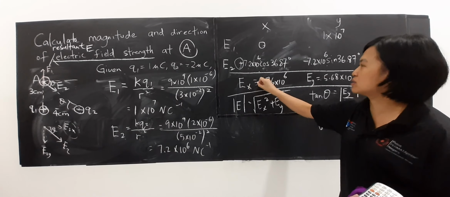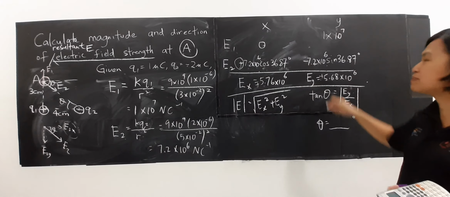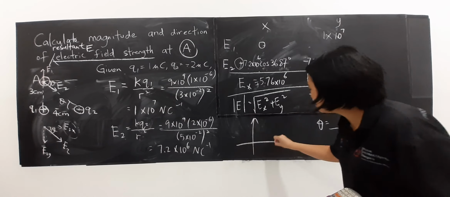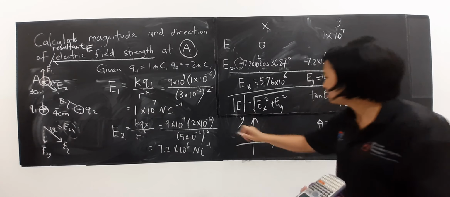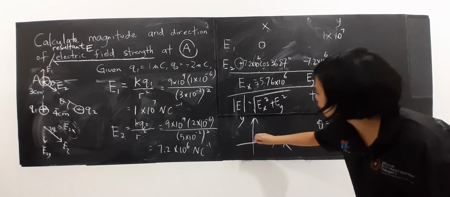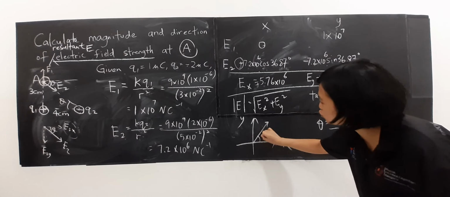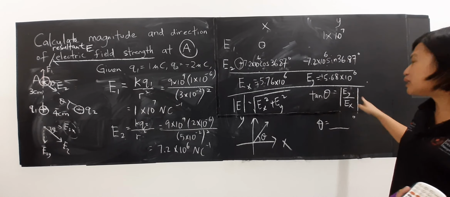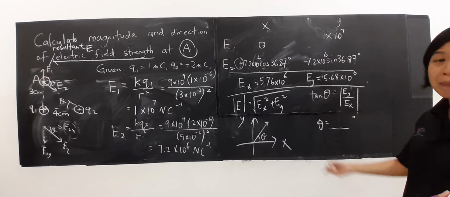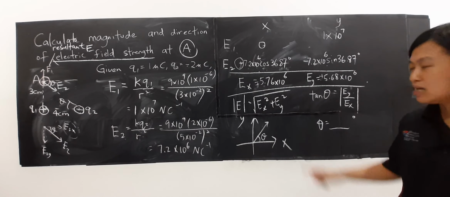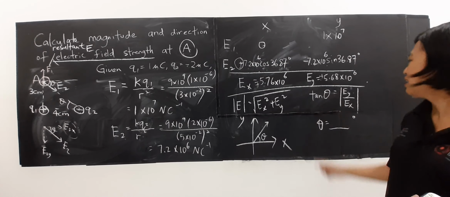Kalau EX positive, EY pun positive, maksudnya resultant vector kita, kalau ini coordinate axis kita, adalah pada first quadrant, right? Jadi kena tunjuk, okay, untuk dapatkan markah penuh bagi soalan ini untuk direction.